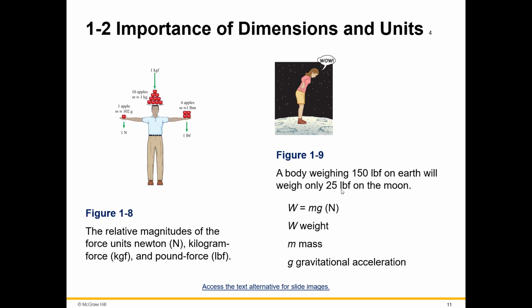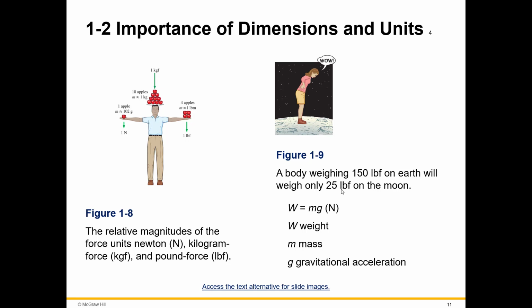And so now we're talking about relative magnitudes. You've got newtons, kilogram force, pound force. And just remember that everything that we're going to do here, we're going to assume that we are on Earth, because gravity is a force, right? We're working with force, so we're going to definitely use the gravitational constant.